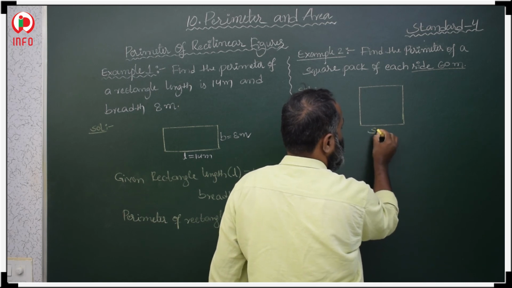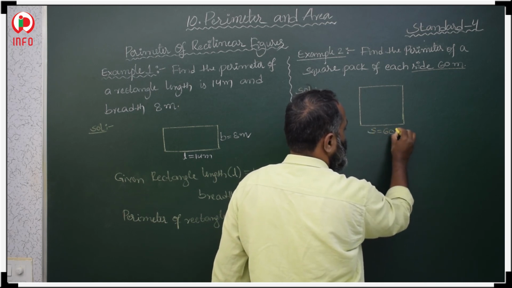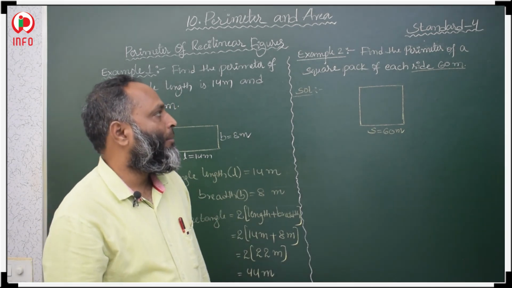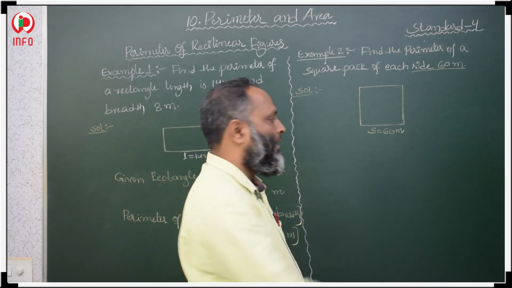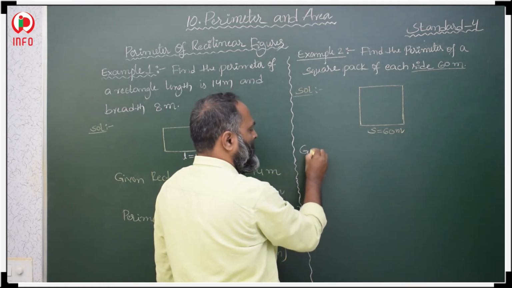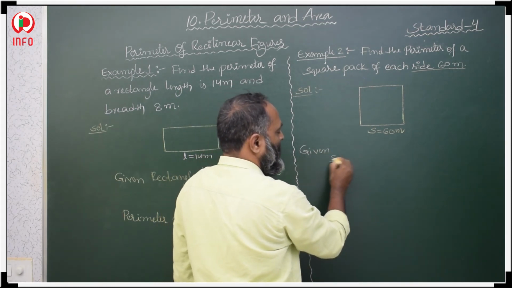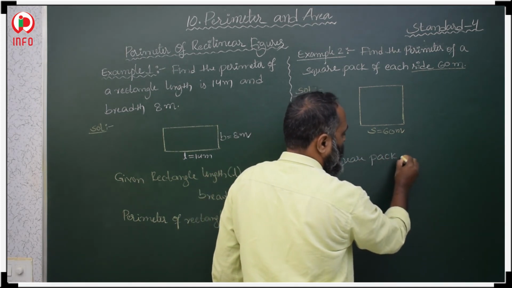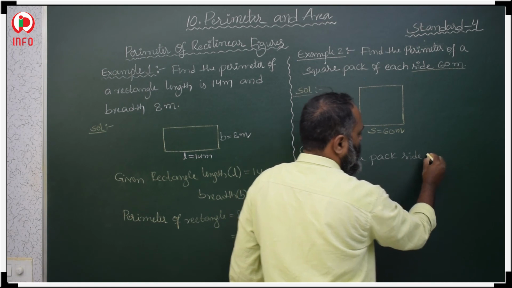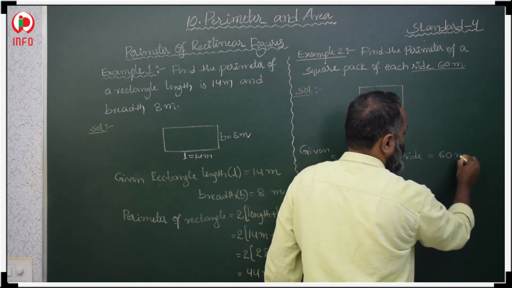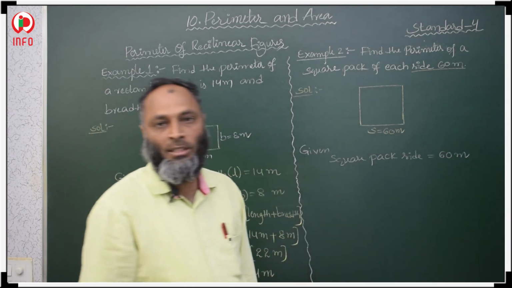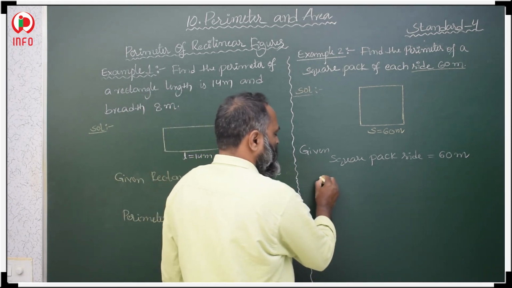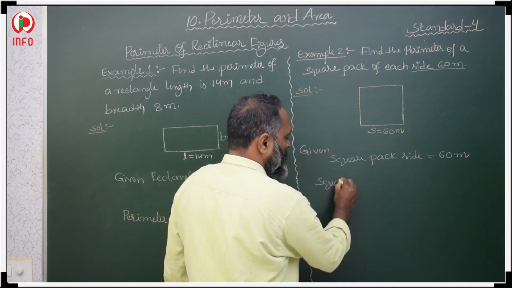Side means S, and S is equal to 60 meters. Now we should find the perimeter of the square park.